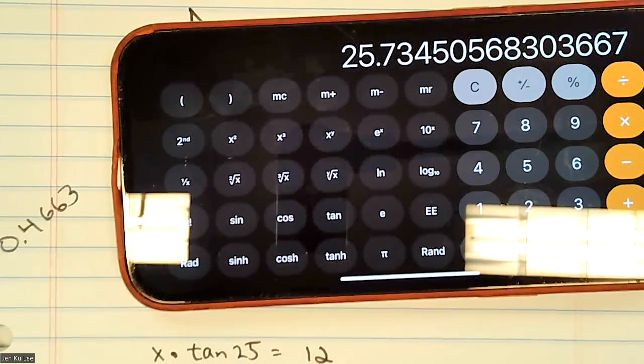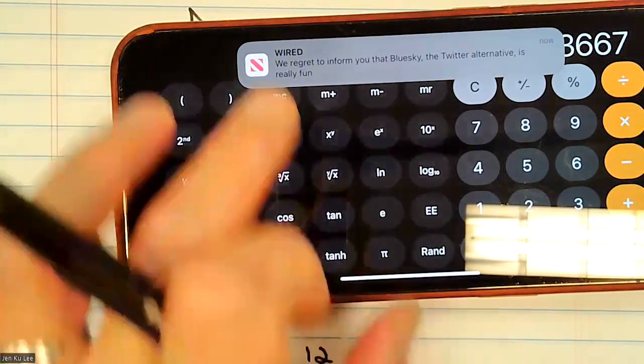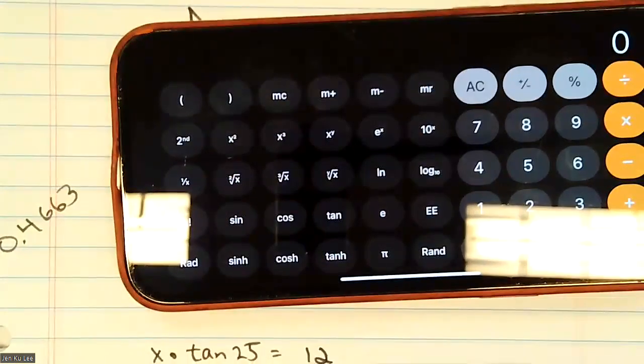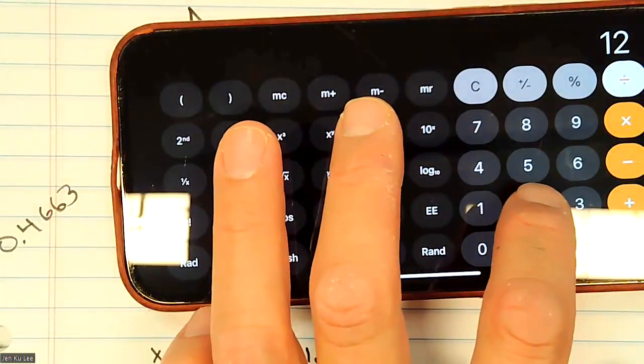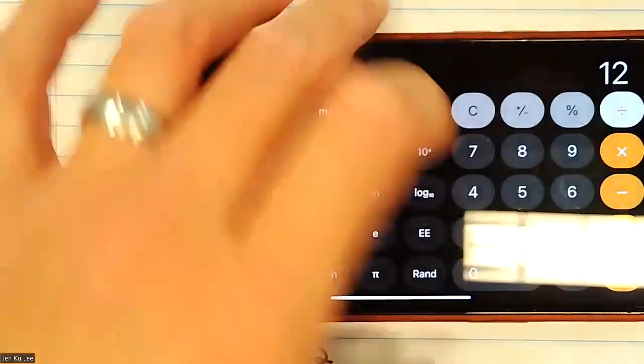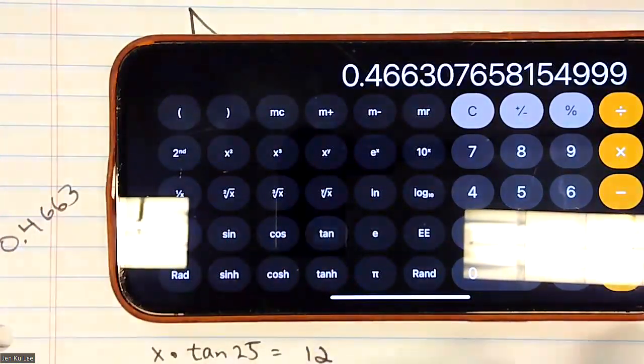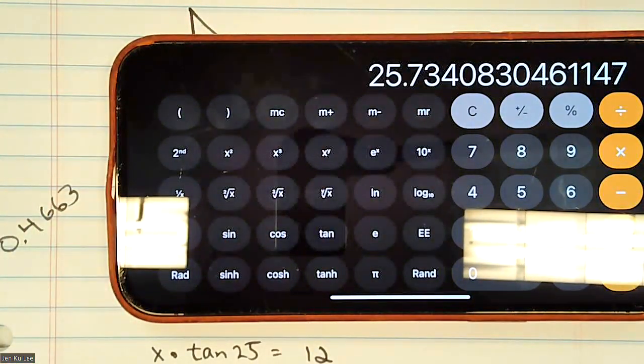Okay? All right? That's the most efficient way so that you guys do not fall into any traps. I can tell you, if you go 12 divided by 25 tangent, 25 tangent equals, you have to press that equal button again.